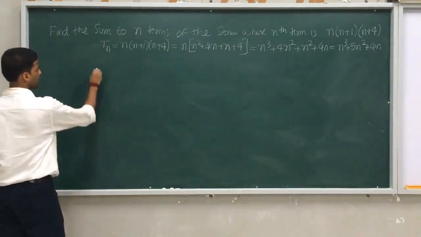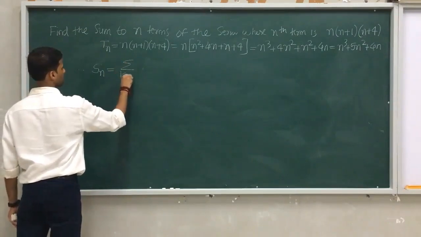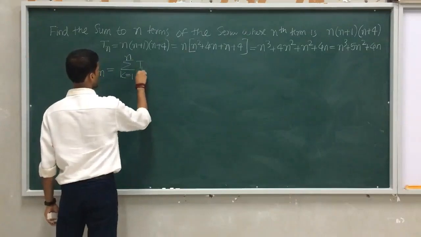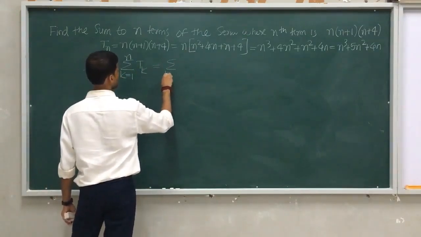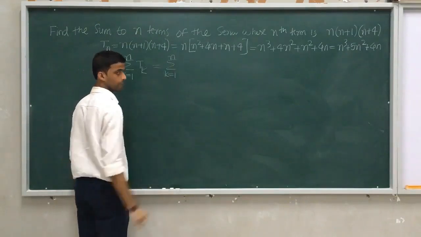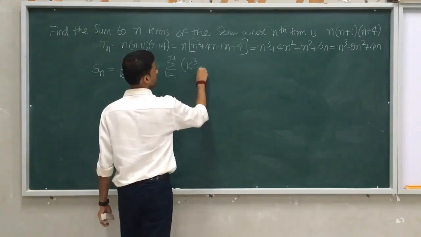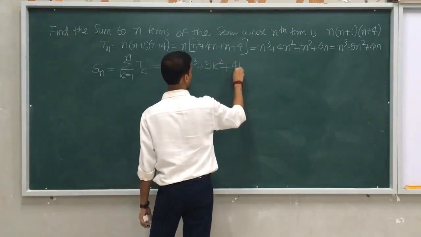Therefore, I can say Sn is nothing but summation of k from 1 to n, k cube plus 5k square plus 4k.